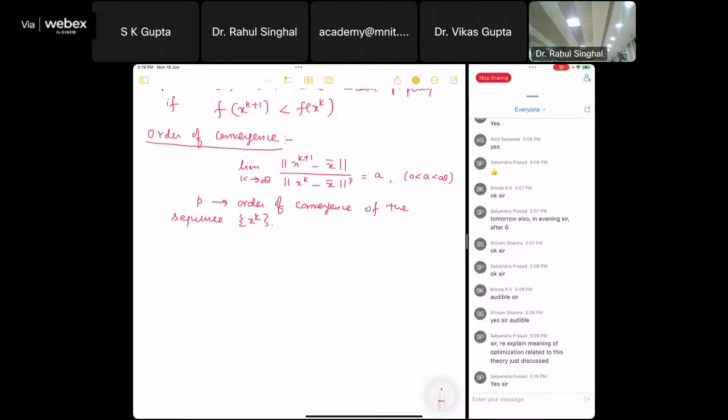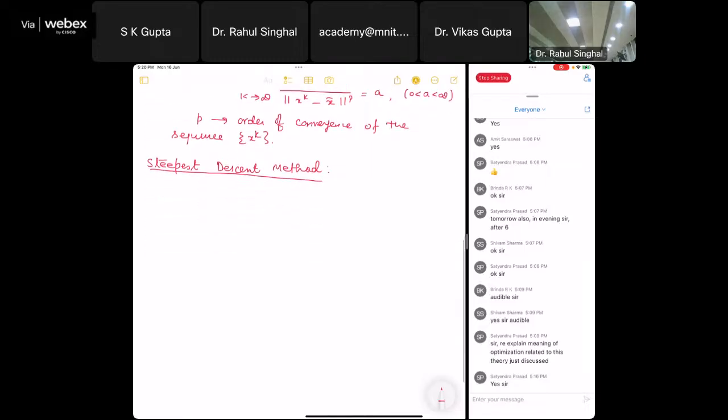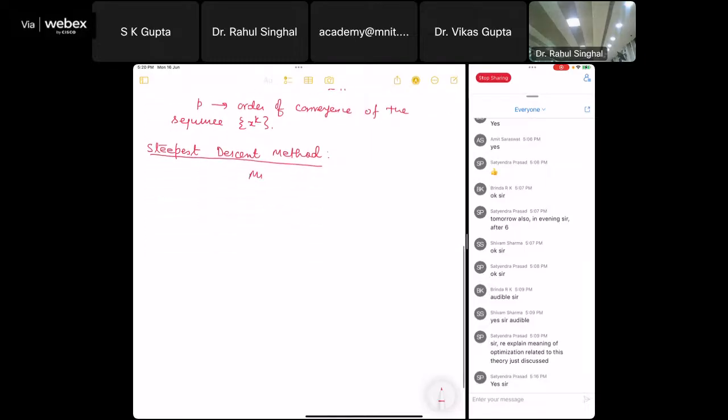What is the steepest descent method and how does it work? Now suppose you are having this minimum f(x) problem, unconstrained problem, x belongs to Rn, and the basic scheme is xk plus 1 equals xk plus alpha k dk.